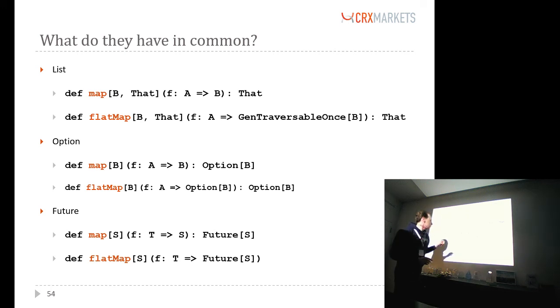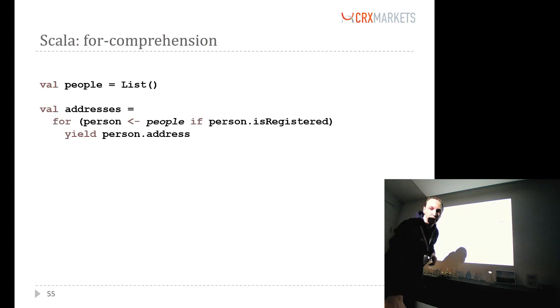But this uniformity in the naming allows doing really, really cool things in Scala that you can't do in Java or even in Kotlin. So I just want to demonstrate what is possible if you go to the full extent with this pattern. There's a syntactic sugar in Scala called for comprehension, which looks a little bit like a for iteration.